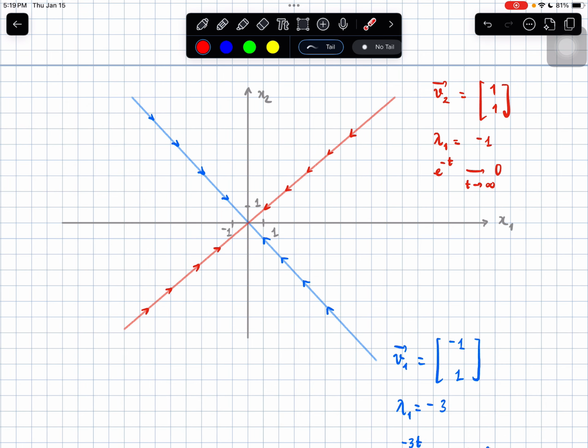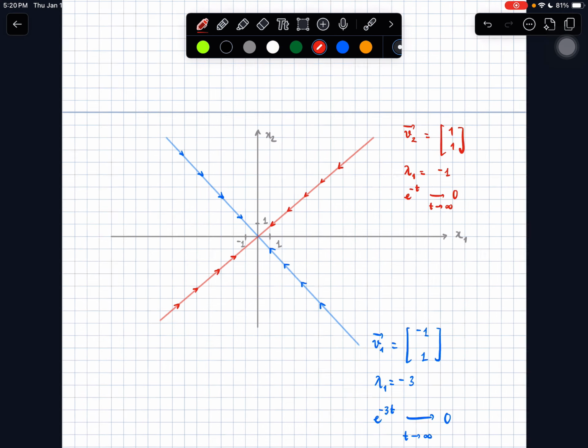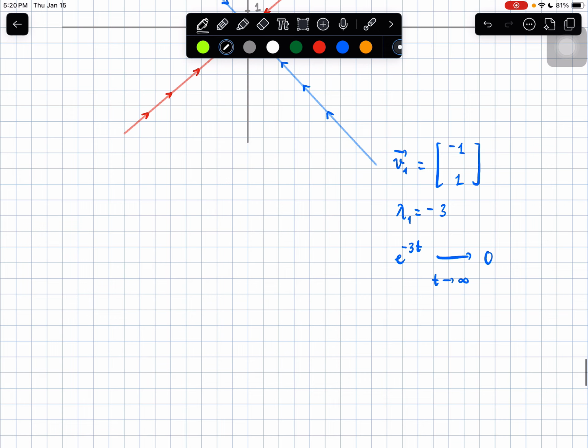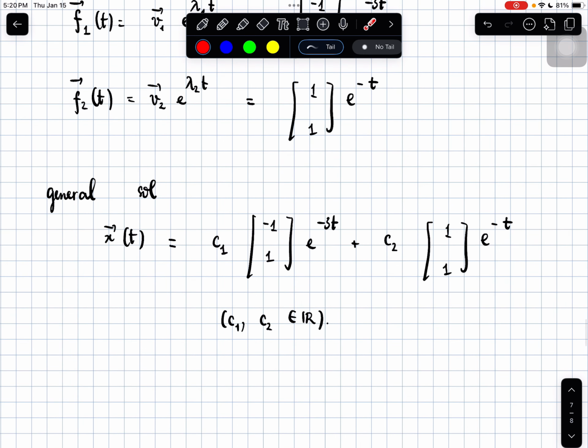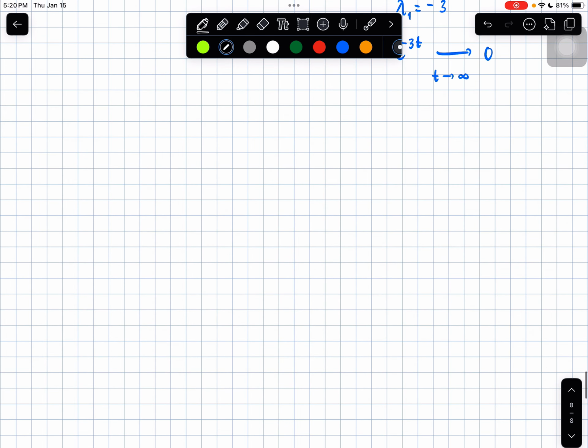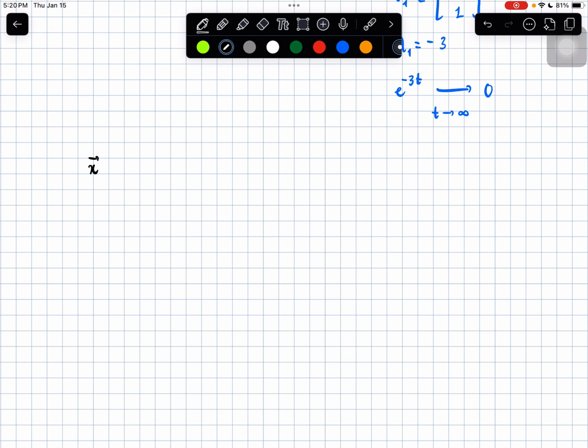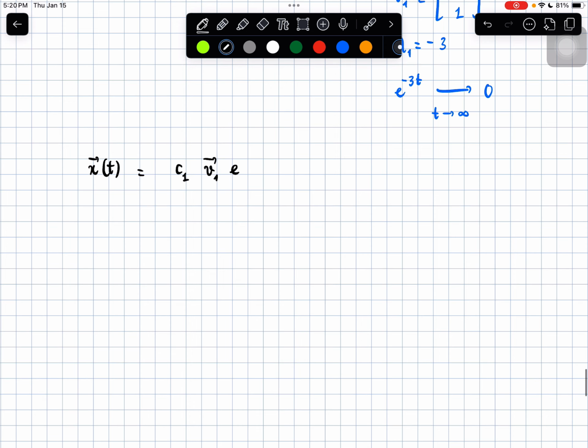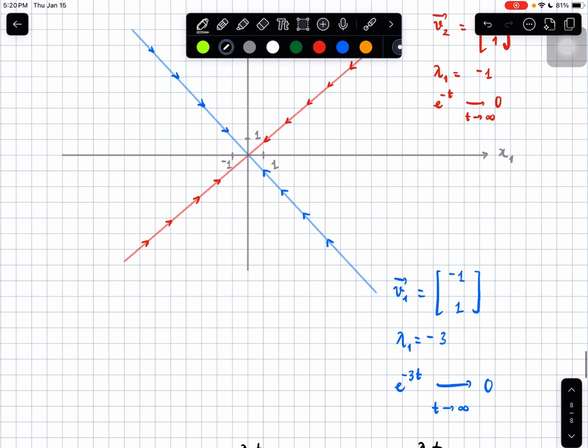For the other trajectories, what happens is as follows. The general solution x(t) is c1 v1 e^(lambda 1 t) plus c2 v2 e^(lambda 2 t).